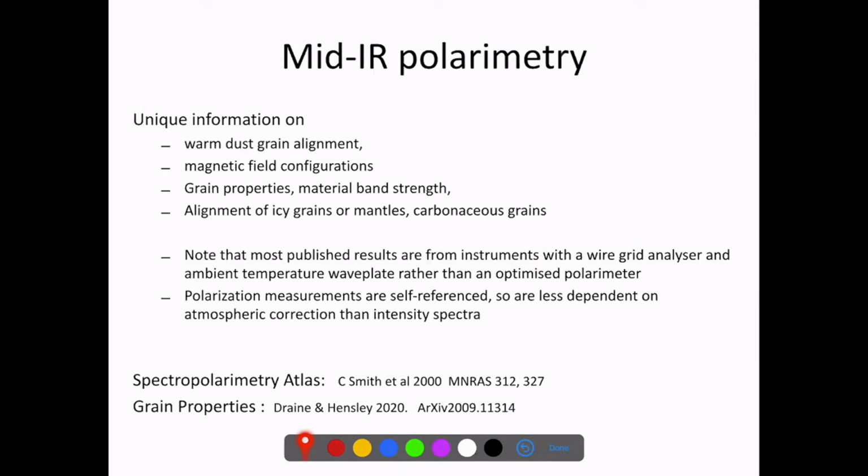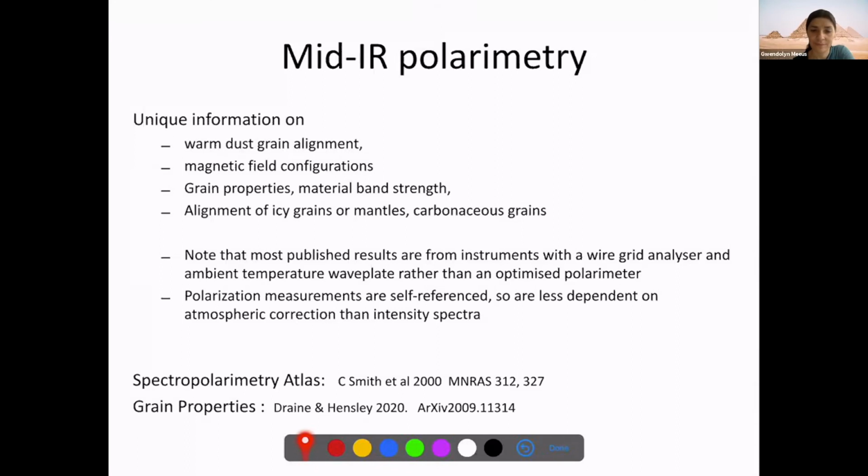Finally, I just want to point out that most published results are from instruments with a wire grid analyzer and ambient temperature waveplate rather than an optimized polarimeter. And so it is possible to make good quality polarization measurements if you're careful using just bolt-on components.